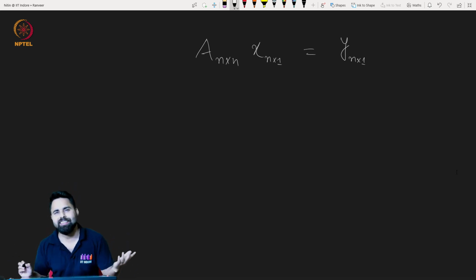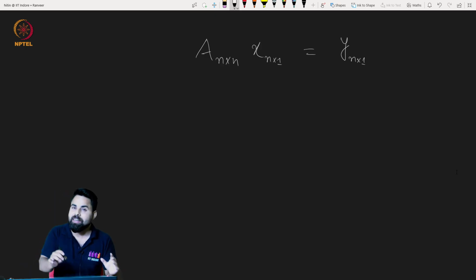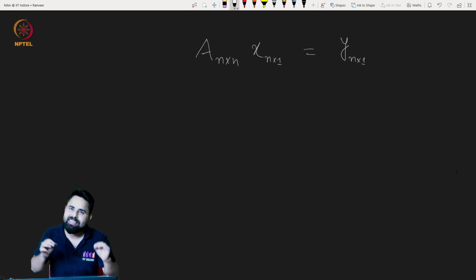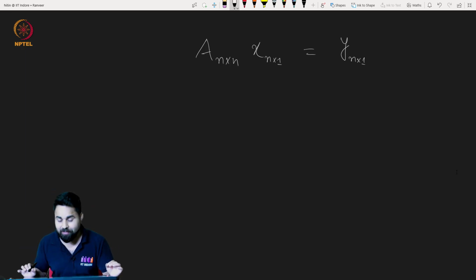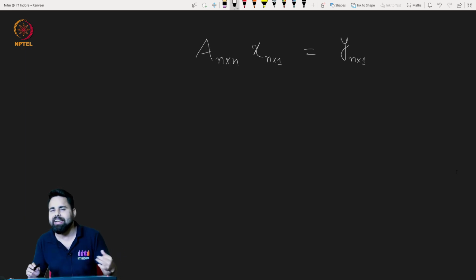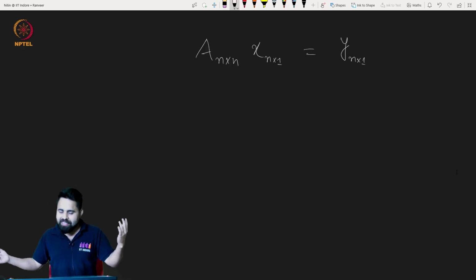So what are eigenvectors? Eigenvectors are those special vectors such that when you multiply that vector with matrix A, the output is a scaling of the input vector. And there is one more thing: this input vector has to be non-zero. By the way, if you multiply a zero vector with A, the output will be zero. There is nothing much interesting.